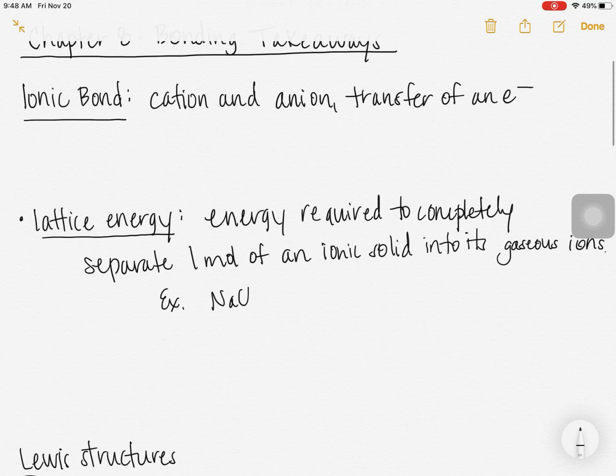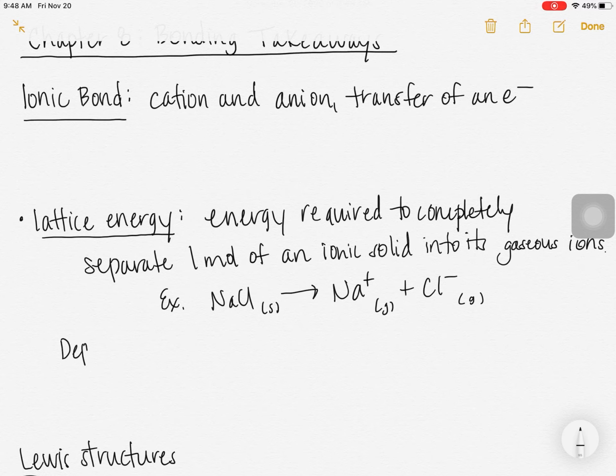So an example would be like this. And it would be the energy value to do that.